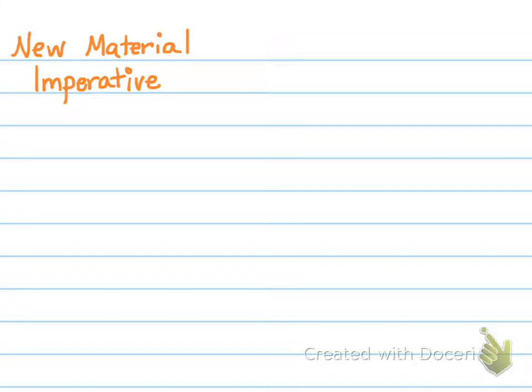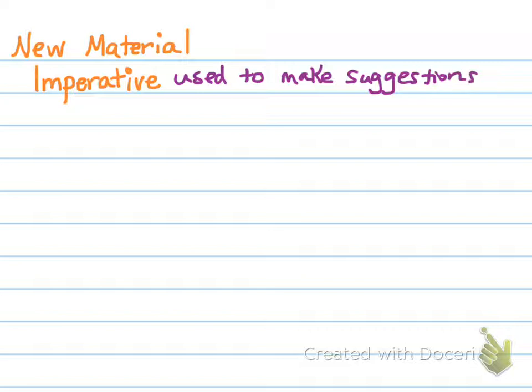So, some new material is the imperative. That's what we'll be looking at in our textbook in just a couple minutes. The imperative is used to make suggestions, give orders, offer advice.